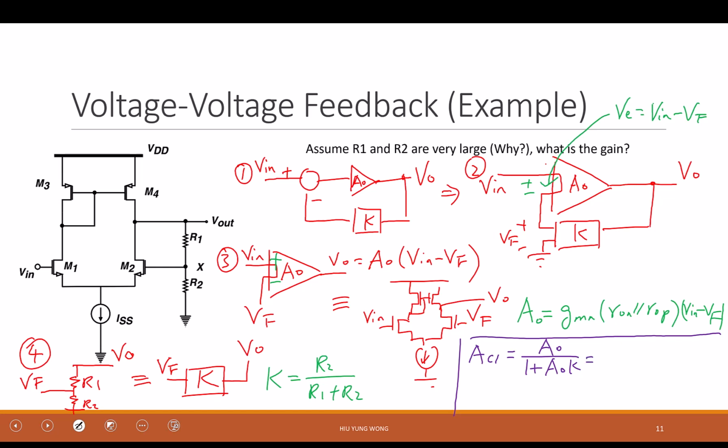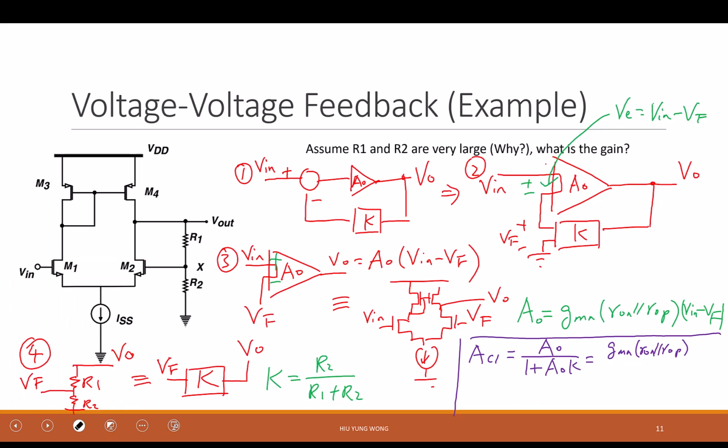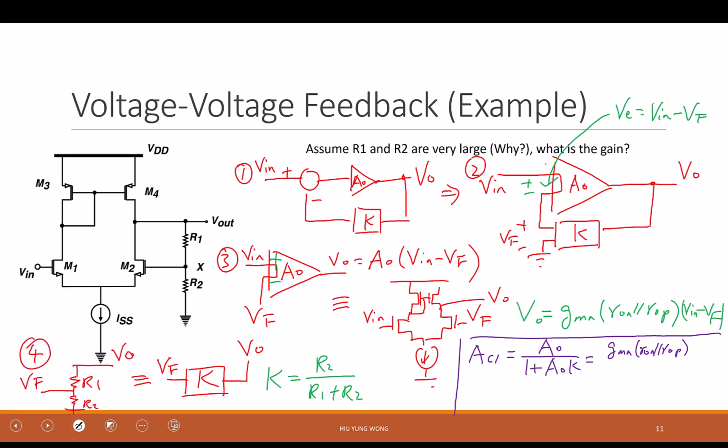So I just plug in, this is gm N, ron parallel rop. No, I'm right. This is indeed VO, because it is the gain times the input. So I'm right in terms of this.